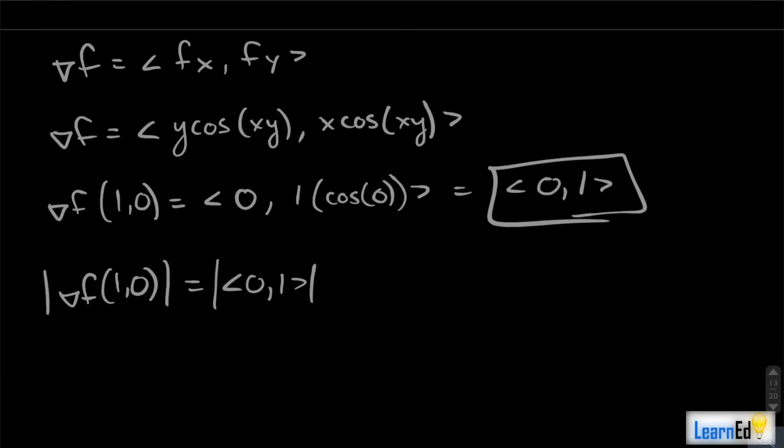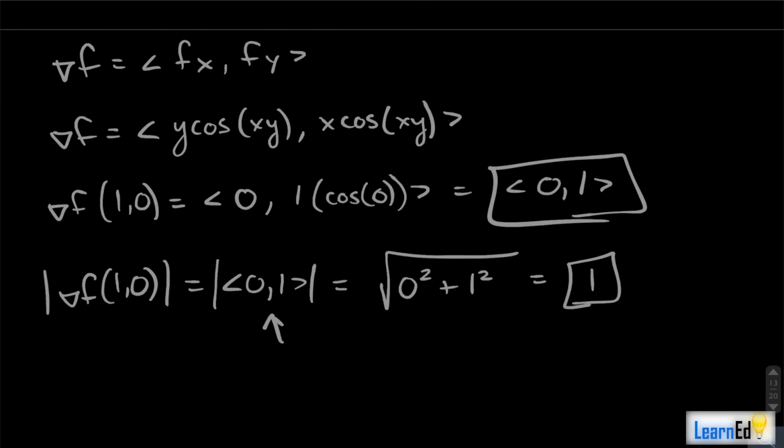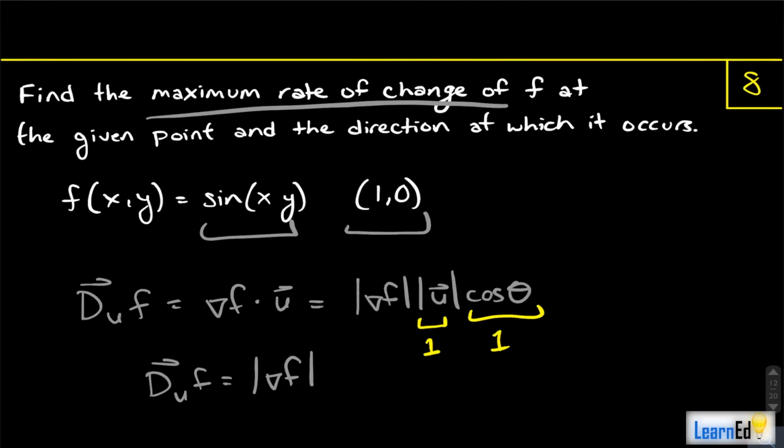So it's equal to the square root of the sum of the squares. It's 0 squared plus 1 squared. This is equal to just 1. You can already tell that this has a magnitude of 1 because it's basically j hat. So you don't really need to do the whole square root thing if you don't want to. But yeah, that's literally number 8 right there.